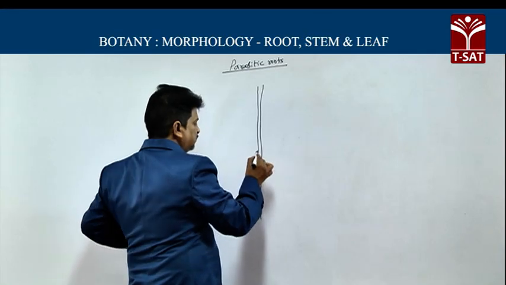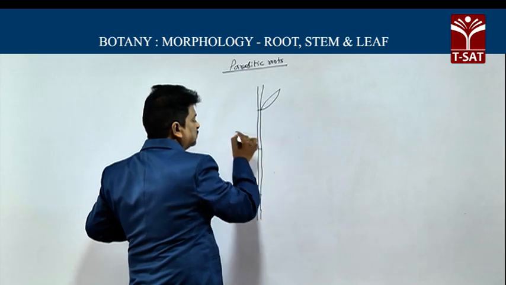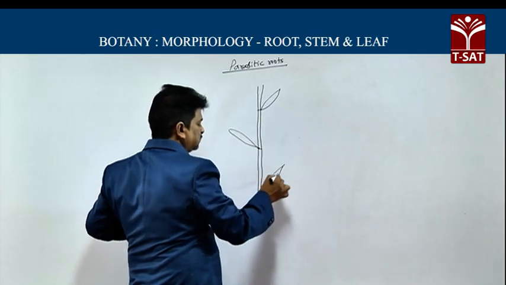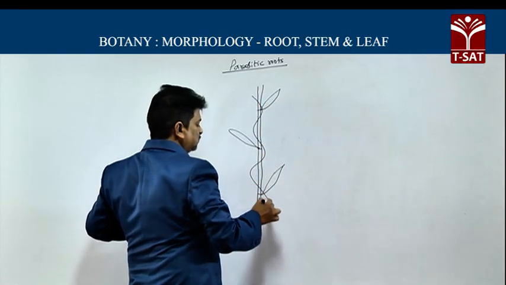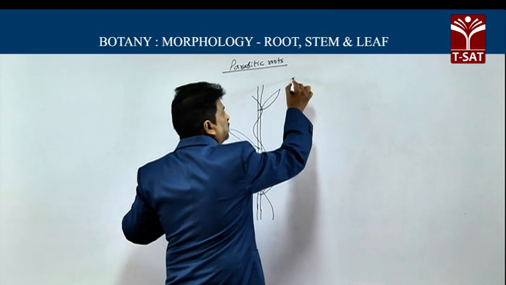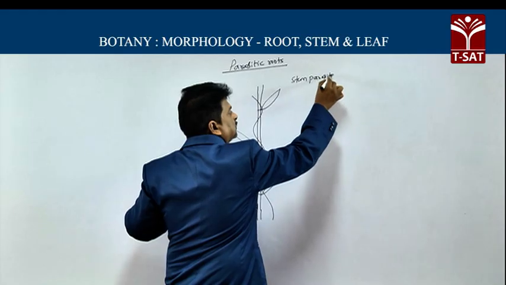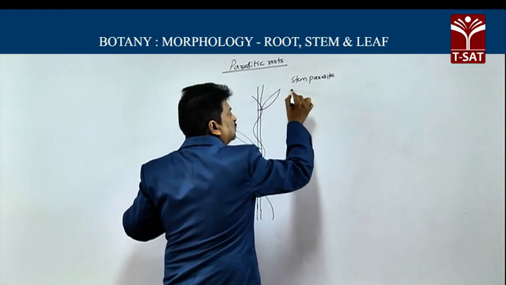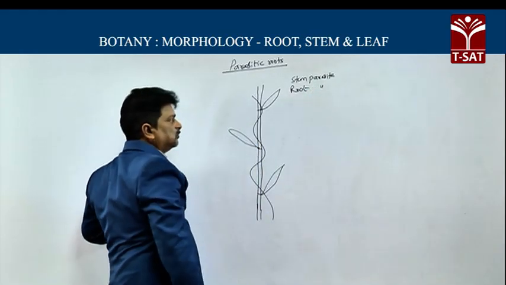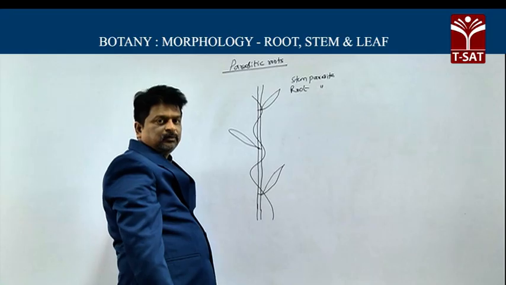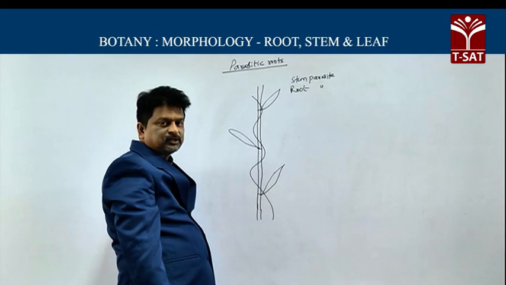That modified adventitious root is called a parasitic root. In some plants, this parasitic root is connected with the host stem. If it is connected with the host stem, it is called a stem parasite. If it is connected with the host root, it is called a root parasite. In that way, parasitic plants are of two types, stem parasite and root parasite.